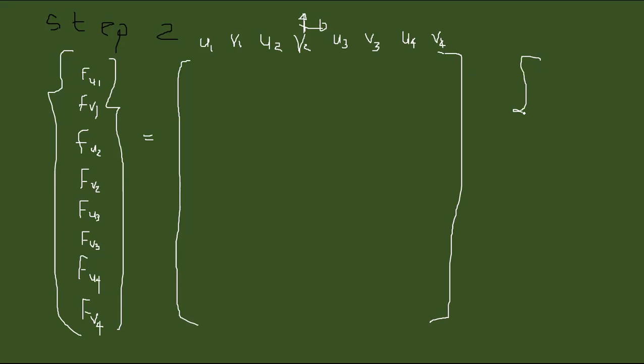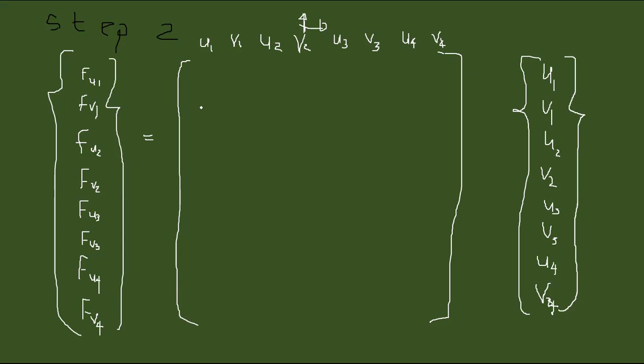This is the same along the rows: u1, v1, u2, v2, u3, v3, u4, v4.